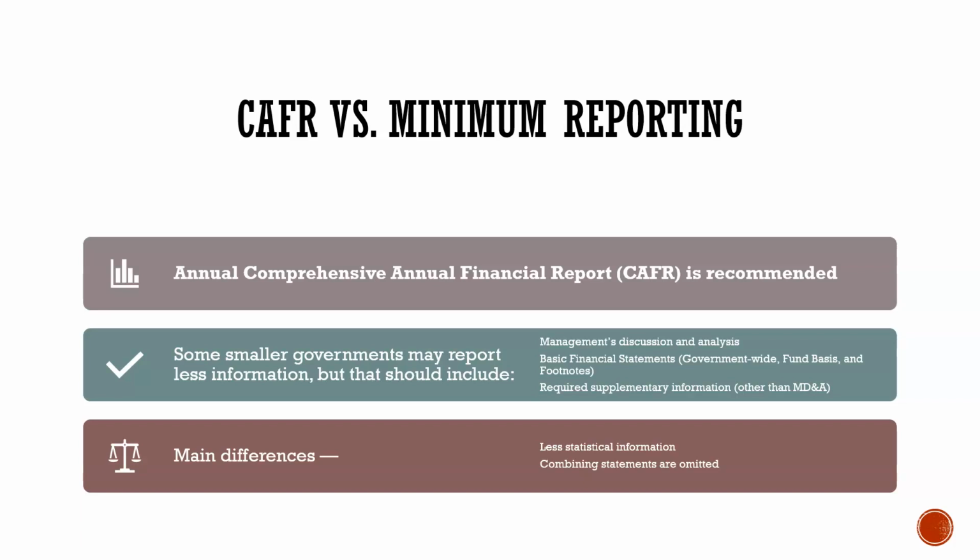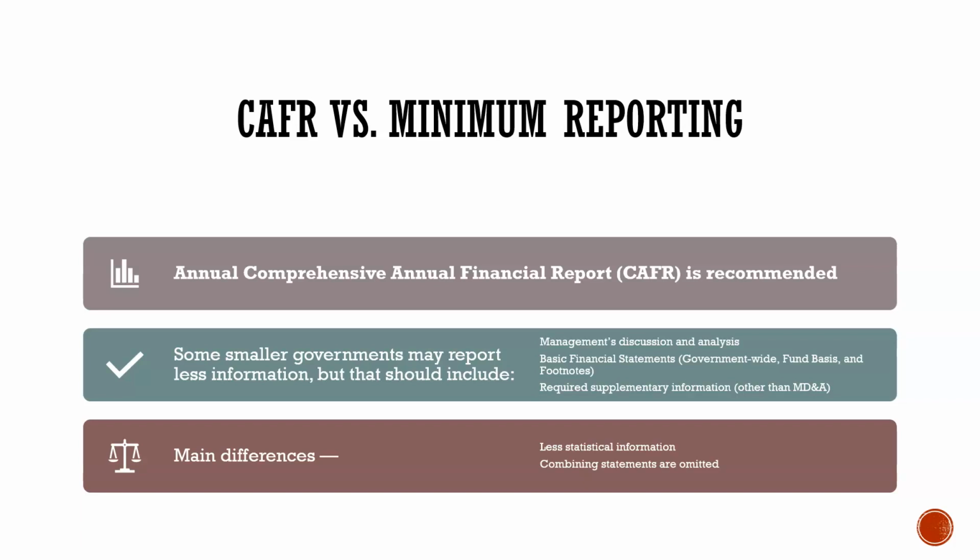And the GASB realizes that, right? There's a lack of resources, funding, there's a lack of accounting staff for these smaller governments to put these together. So what the GASB, the Government Accounting Standards Board, has set forth is a minimum reporting requirement for government entities to be in compliance with the GAAP that's set forward for them. And you'll see that in those smaller governments, those minimum requirements are management's discussion and analysis.